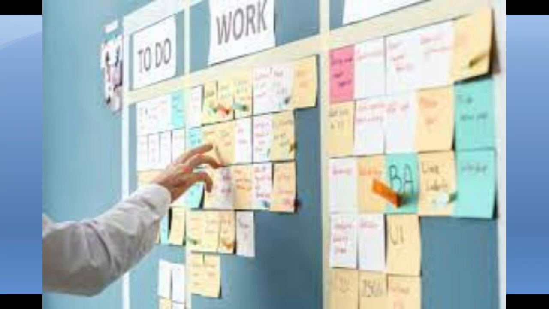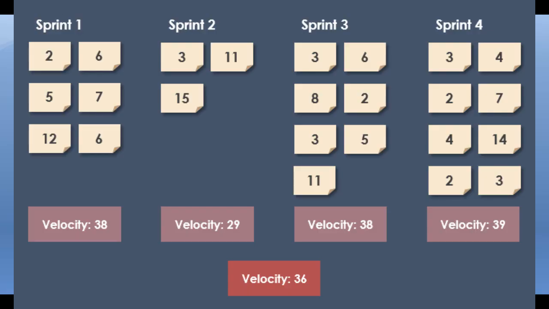Then improved planning. When we talk about planning with velocity, it is the completed story points in one sprint. Teams can better plan and forecast future sprints, helping stakeholders understand the team's capacity and the delivery timelines.